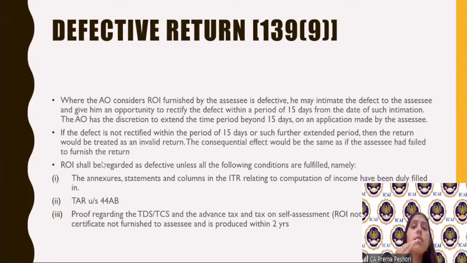If the defect is not rectified within 15 days, then the return will be treated as an invalid return. And it will be deemed that the assessee has not filed the return of income at all.